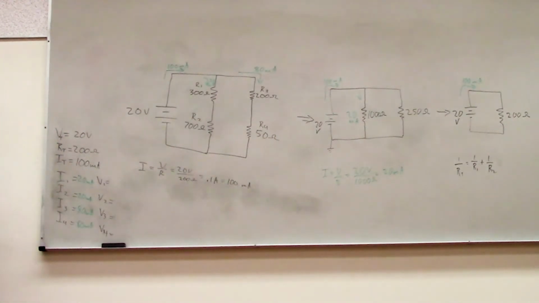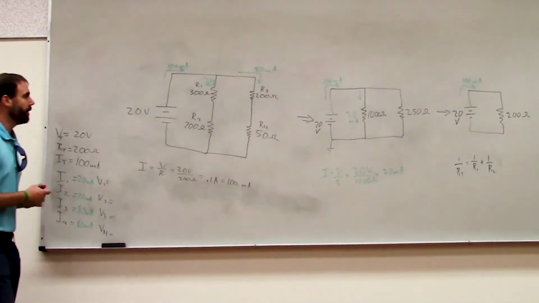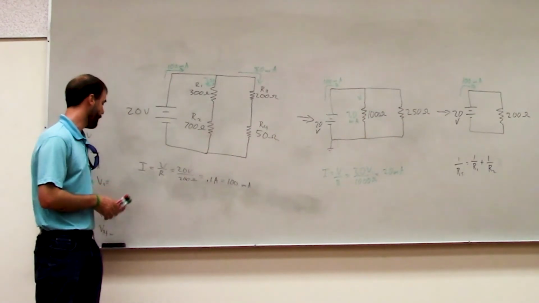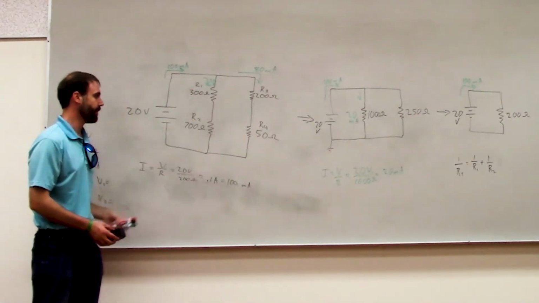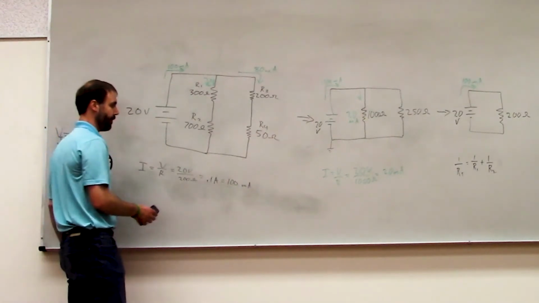Okay? Any questions about how we got that? All right, so then once we know the current for each of these resistors, and we know their resistances, we can figure out the voltage for each of them.